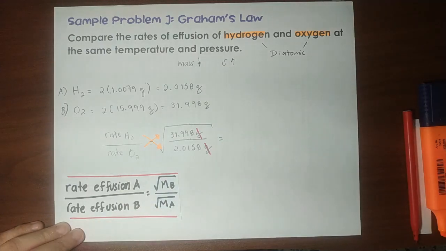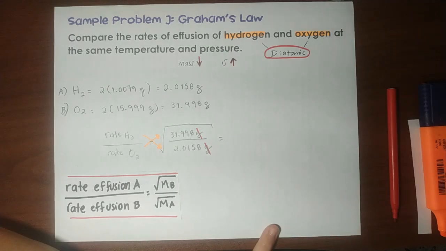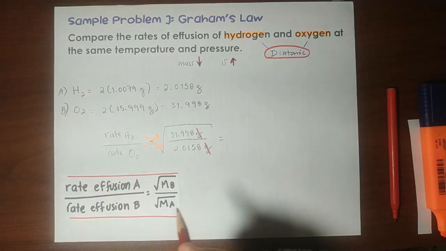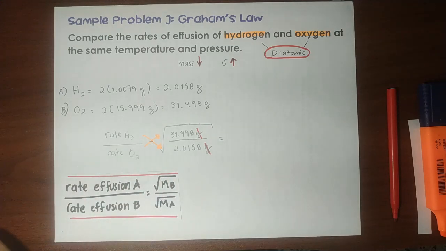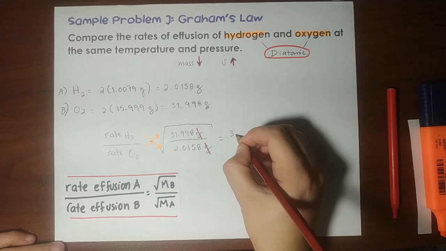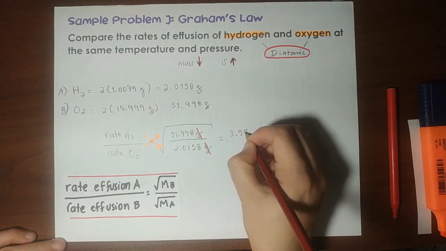Now let's see. 31.998 divided by 2.0158, and then I get the square root of my answer. I have 3.98.